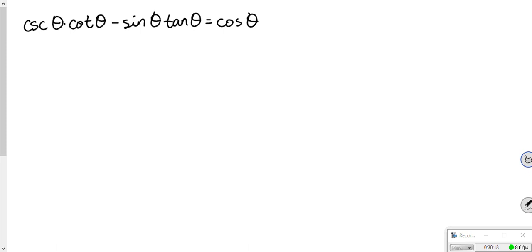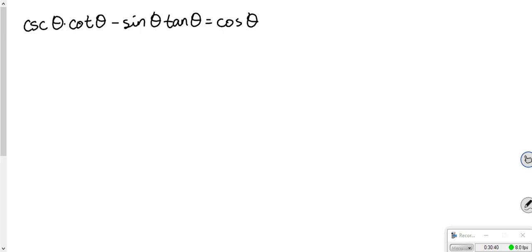Now, here's what I did to solve this. I am rewriting everything in terms of sine and cosine. And then I've got to do quite a bit of reduction, a little algebra, and reduce what I can using some trig identities, and then get it down to something that I can solve.